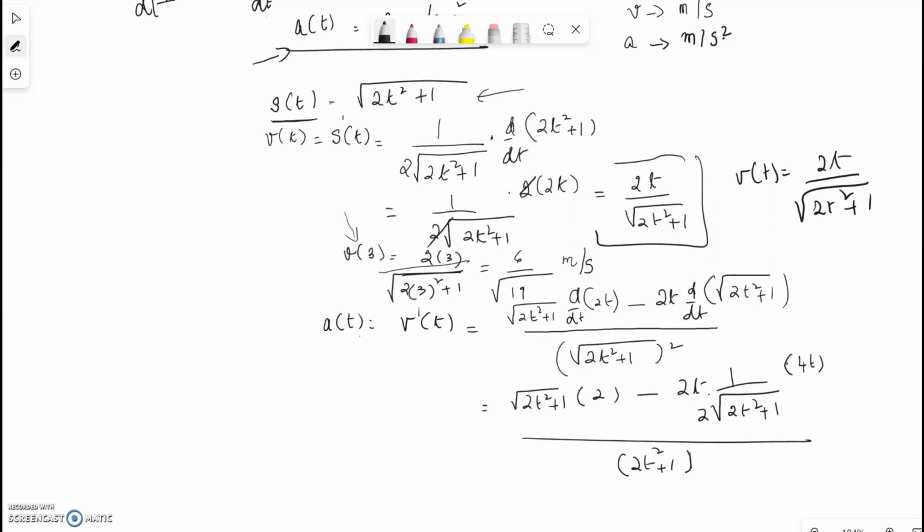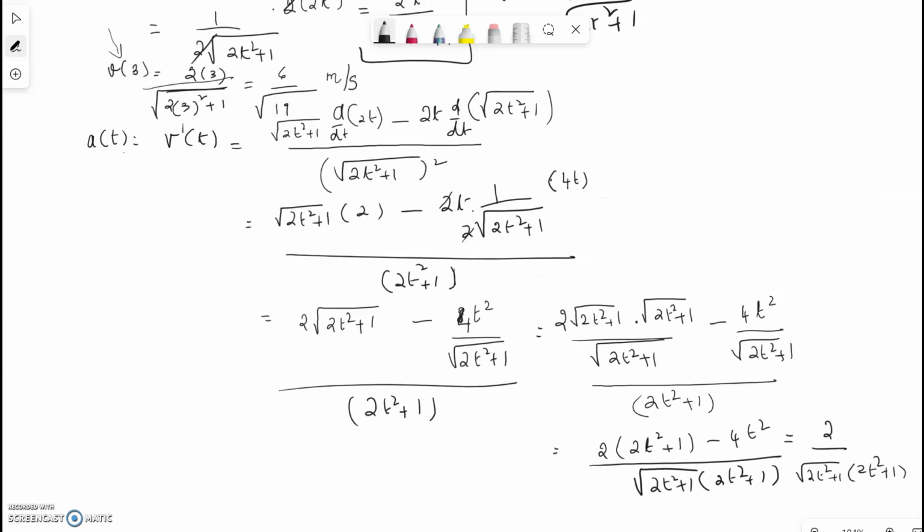We simplify this expression, and that gives us the acceleration function. So once we differentiate the function, we get radical 2t squared plus 1 times d by dt of 2t, which is 2, minus 2t times d by dt of radical 2t squared plus 1, which is 1 over 2 radical 2t squared plus 1 times the derivative of the inner function, which is equal to 4t. The whole divided by, when we square this, we get 2t squared plus 1.